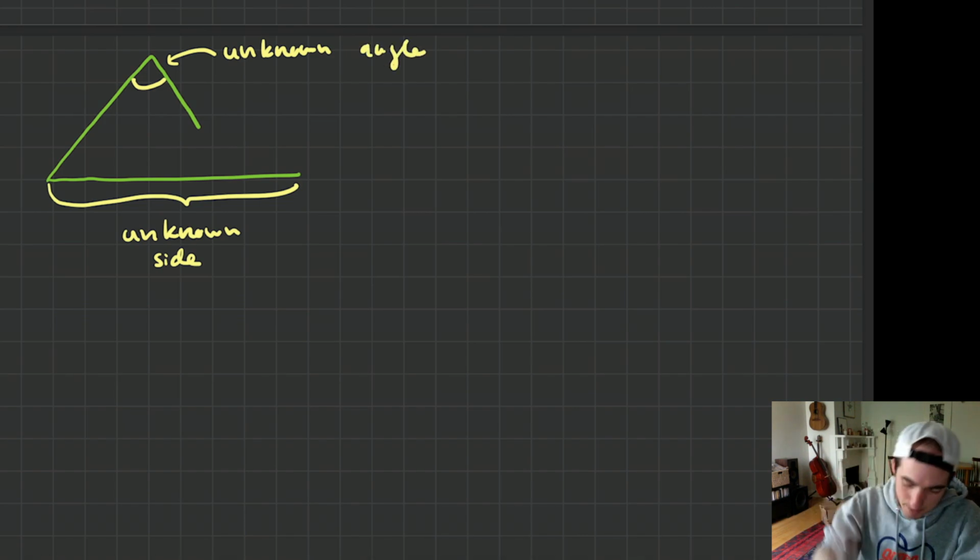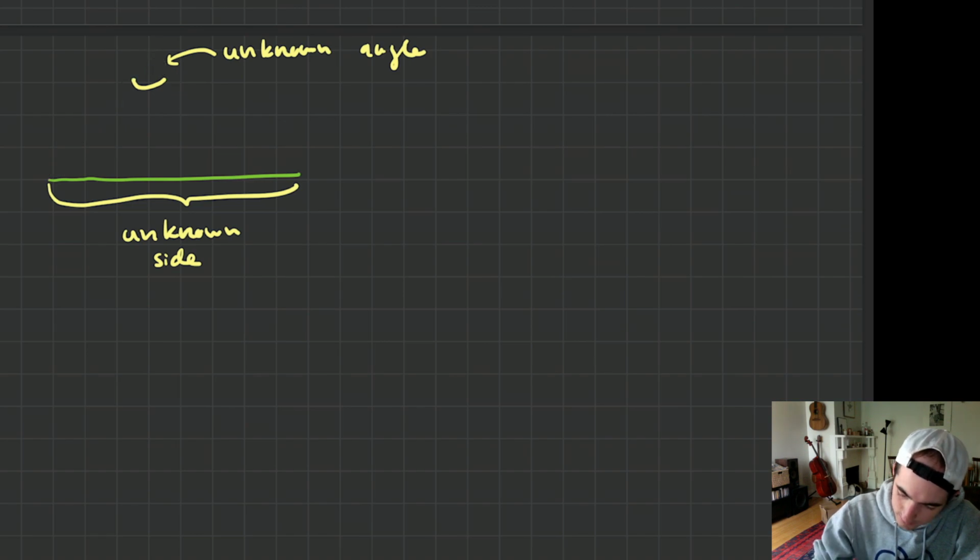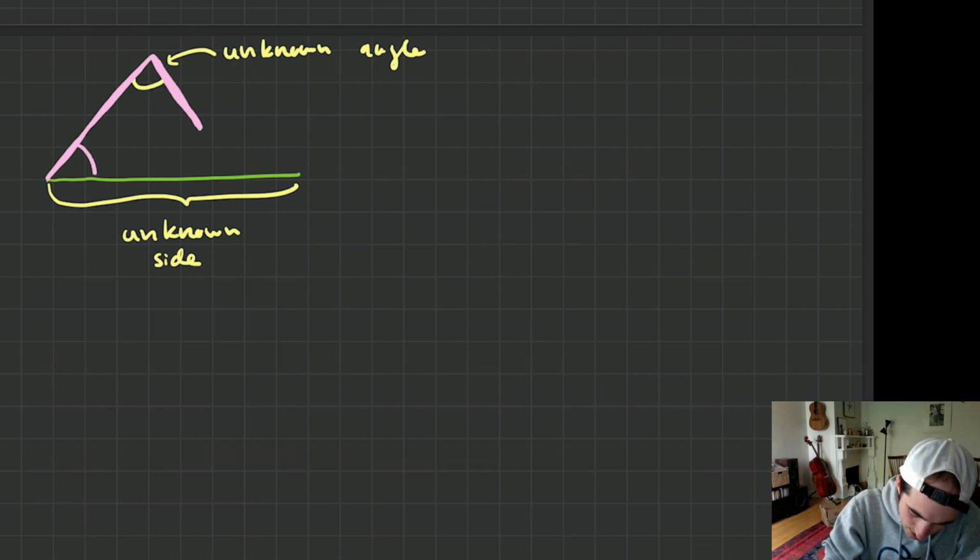But I do know this side. So this purple side, I know. This side I also know. I know the length of these two sides, and I also know this angle.